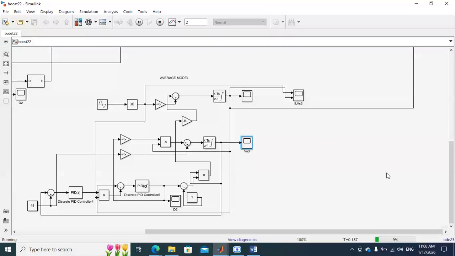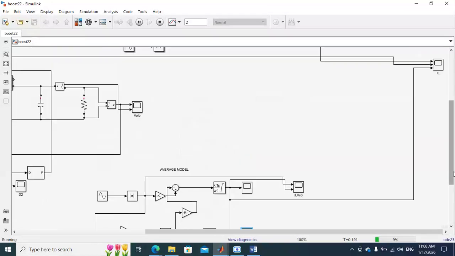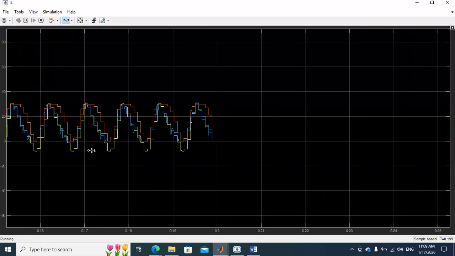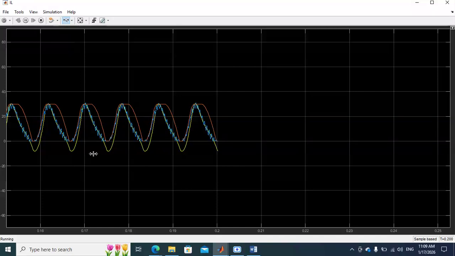It is settling at 40 and it is slightly increasing. It will take some time to reach the reference voltage with the detailed model, sorry, average model. This is the inductor current for all three: average model, detailed model, and the mathematical model.